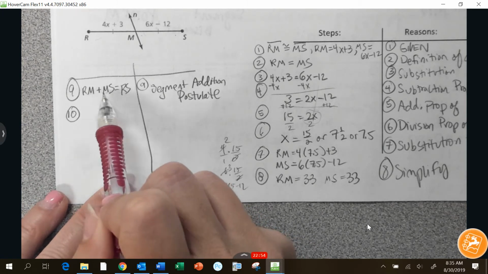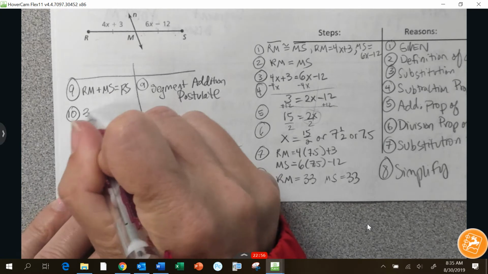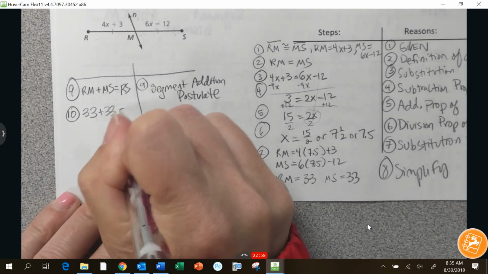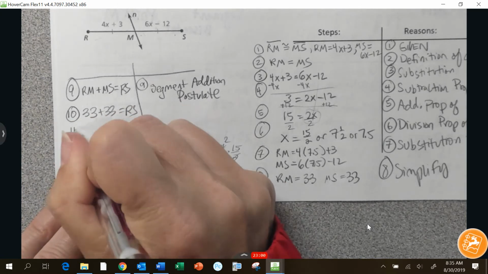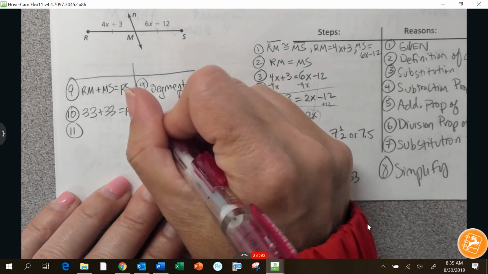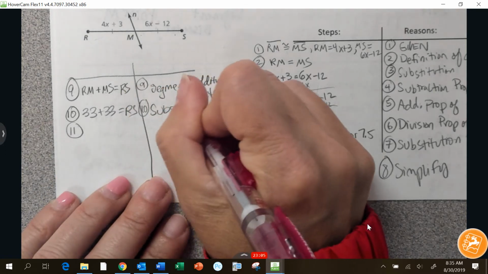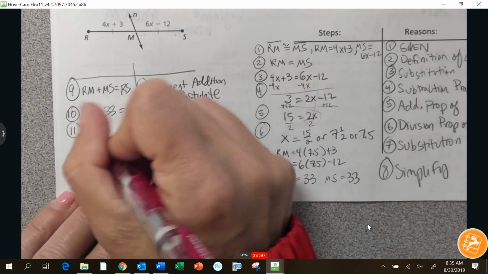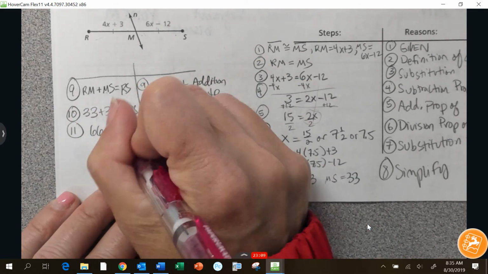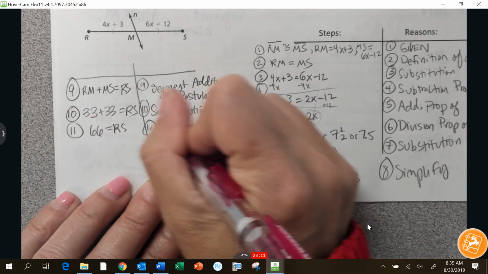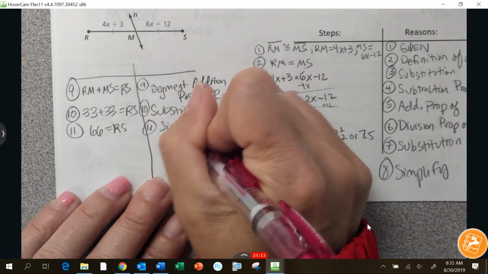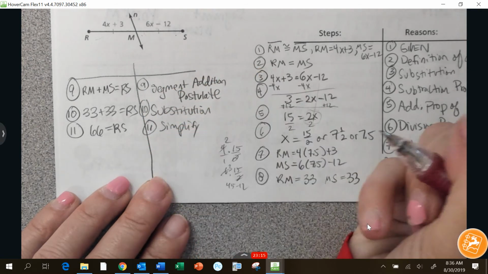What am I going to put in here? 33 plus 33 equals RS. So that's substitution. So once I have that, I've got 66 equals RS. What did I just do? I simplified. And am I done?